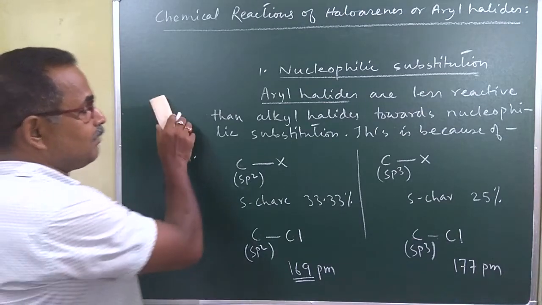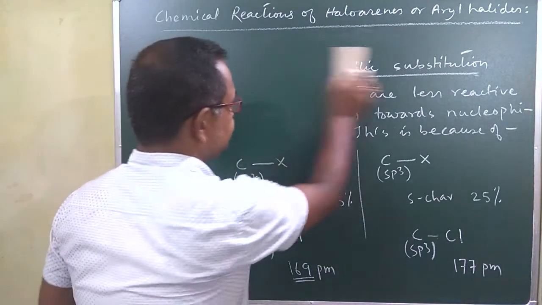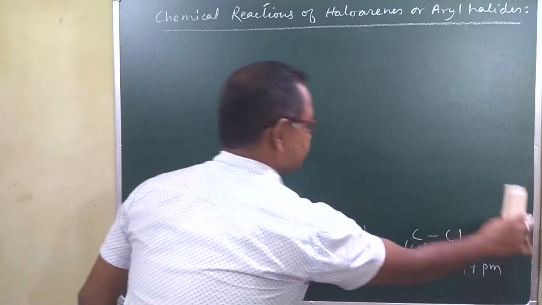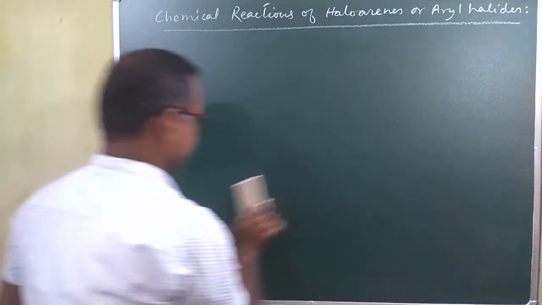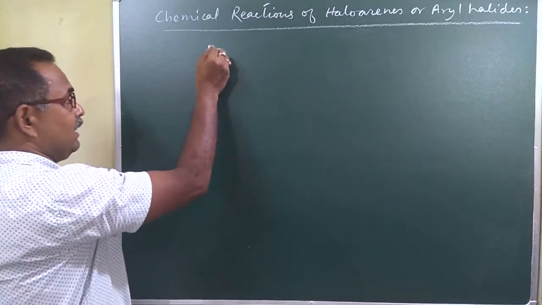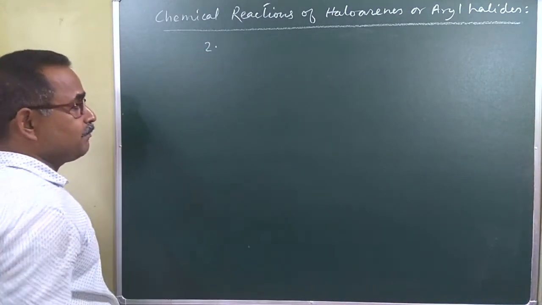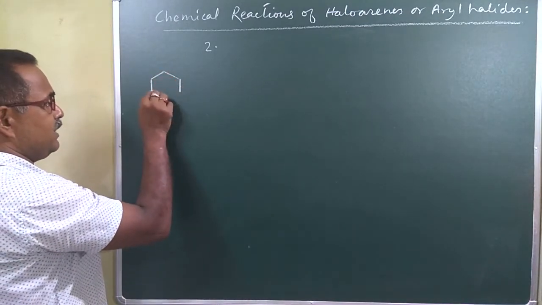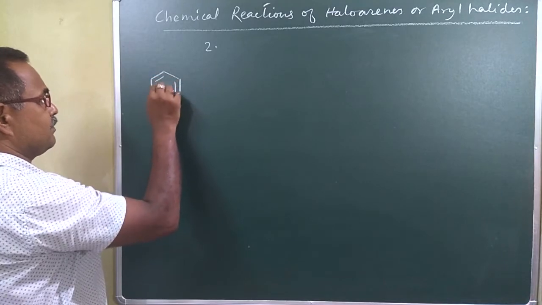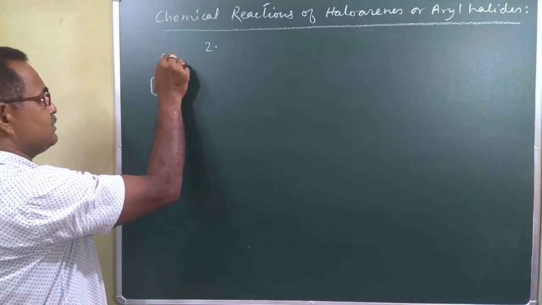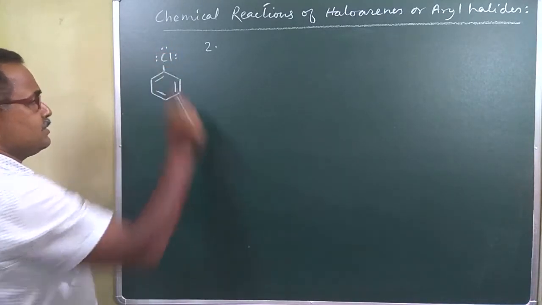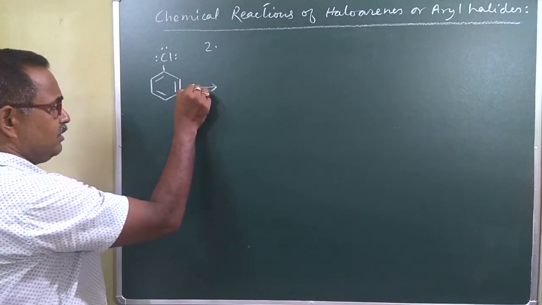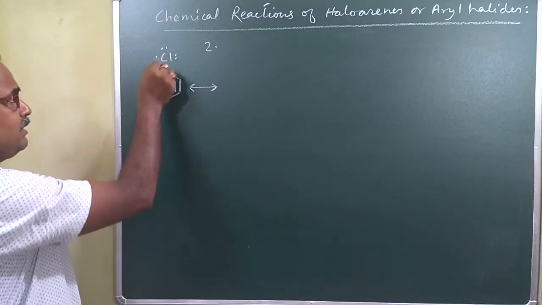Okay, come to the next factor. Factor number 2. In aryl halides, there will be resonance playing. Consider chlorobenzene. This is chlorobenzene. In this case, we will have resonance or mesomeric effect.